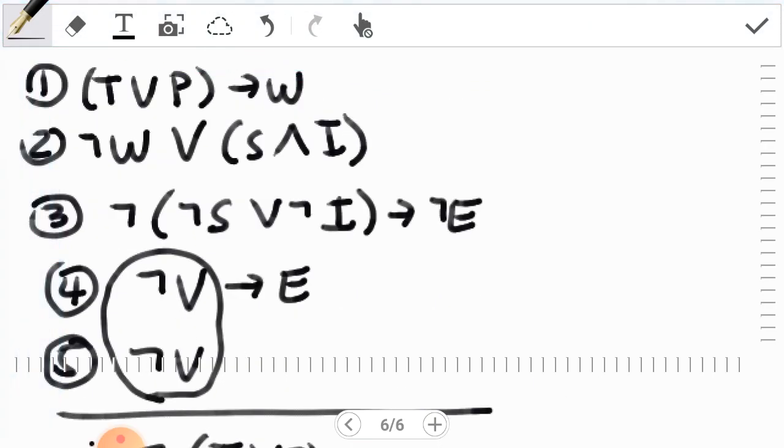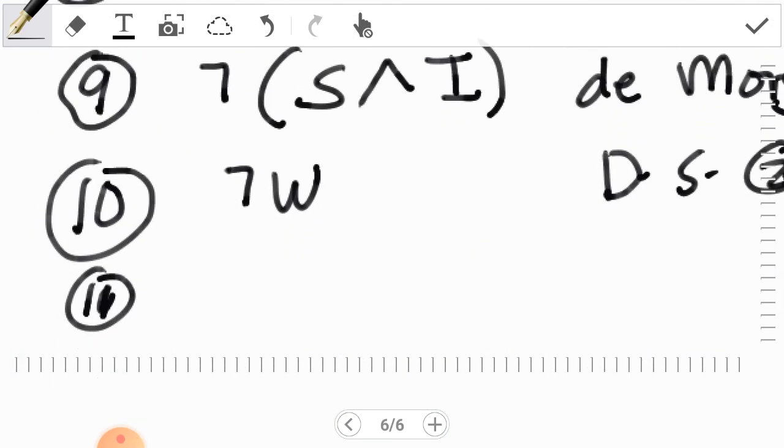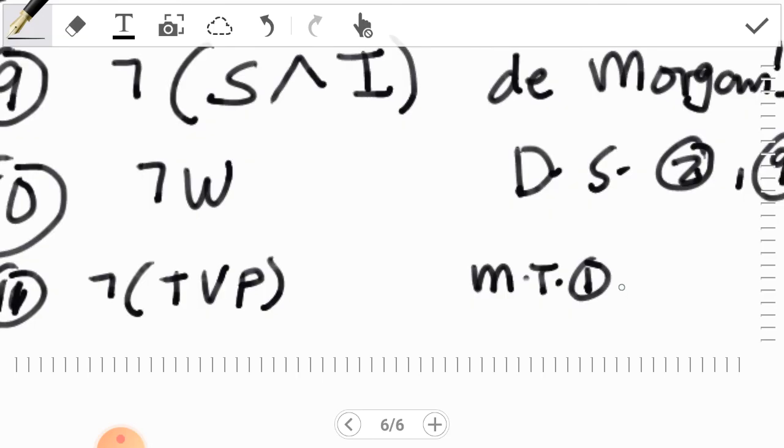We negate the first part of premise number 1. So that should be the negation of T or P. So this is modus tollens of line number 1 and line number 10.